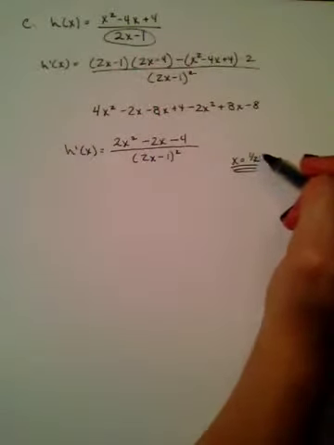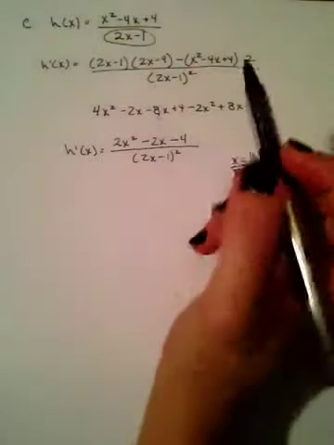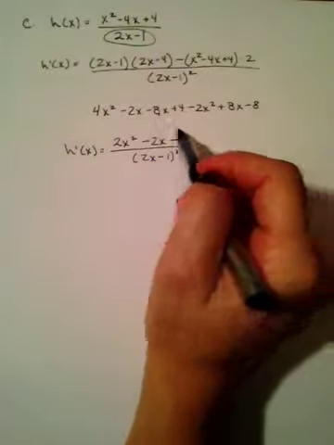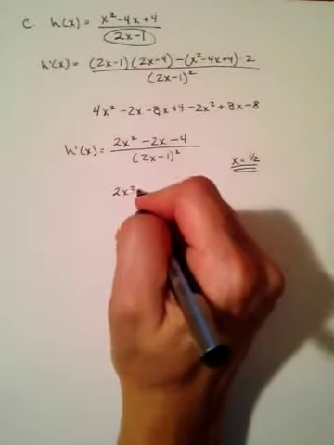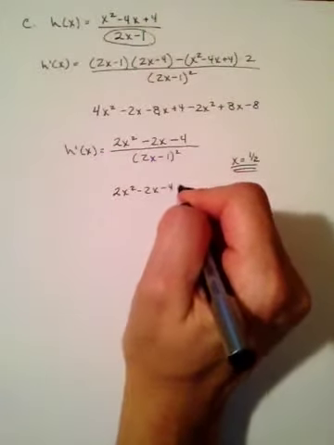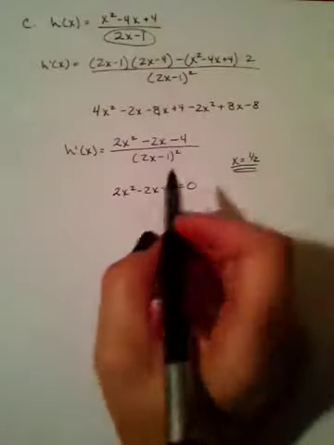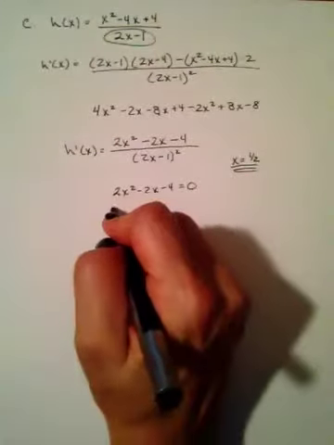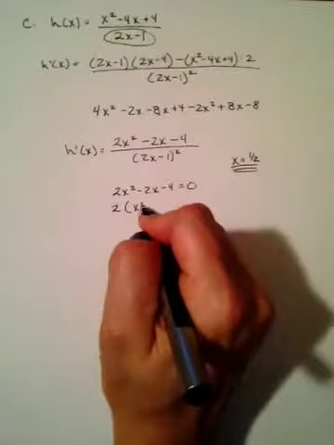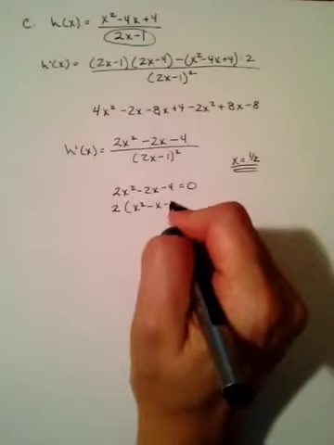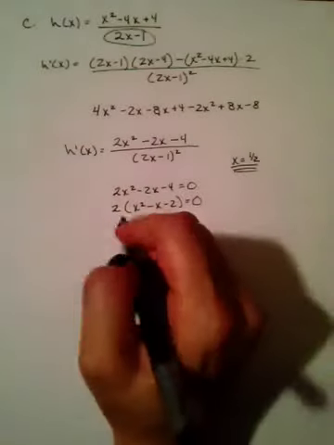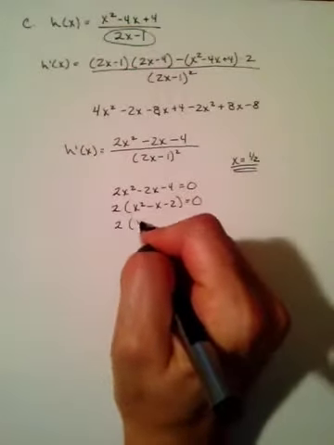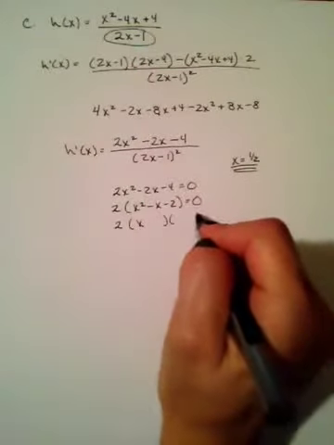We have a discontinuity. To figure out where my derivative is actually 0, I'm going to set my numerator equal to 0. So 2x squared minus 2x minus 4 equals 0, and I'm going to start trying to factor it so I can see that I can pull out a 2. And I have x squared minus x minus 2 equals 0. I try to factor this, and we'll see if this works. We should have two binomials.